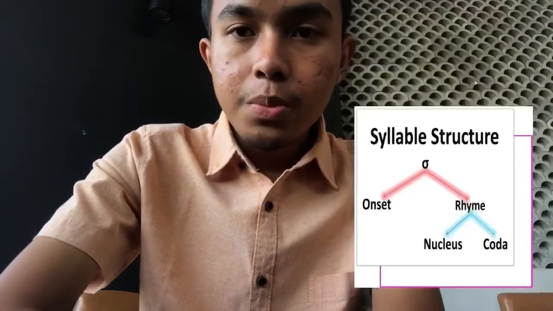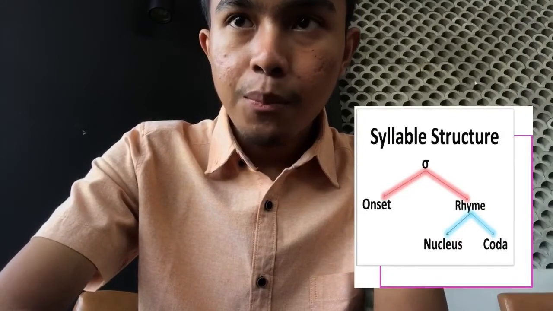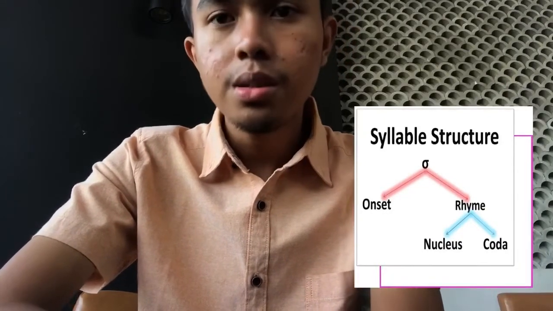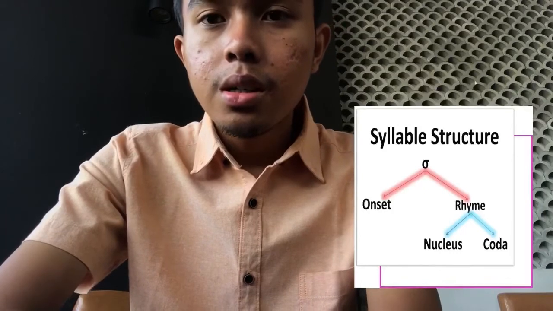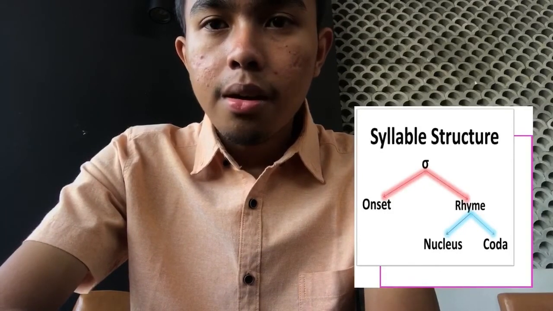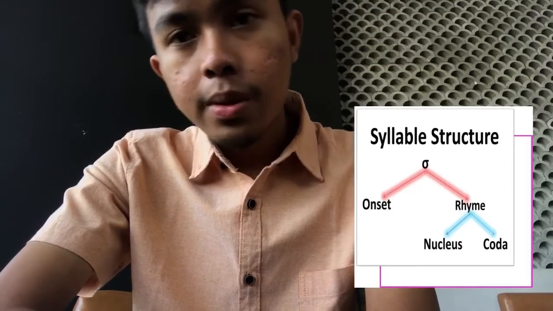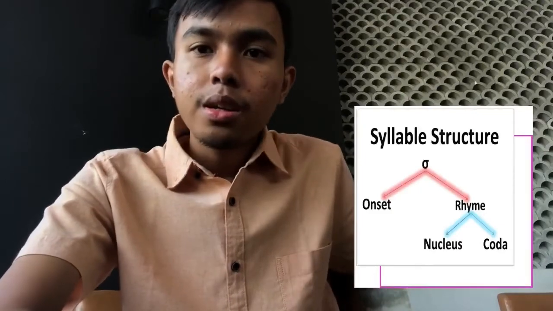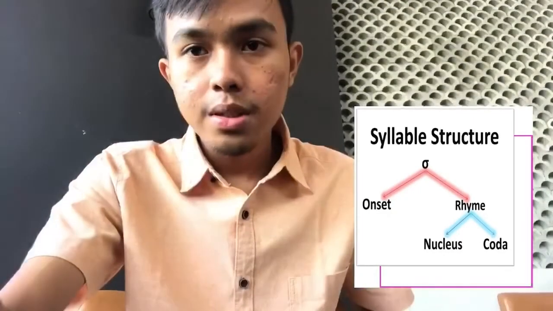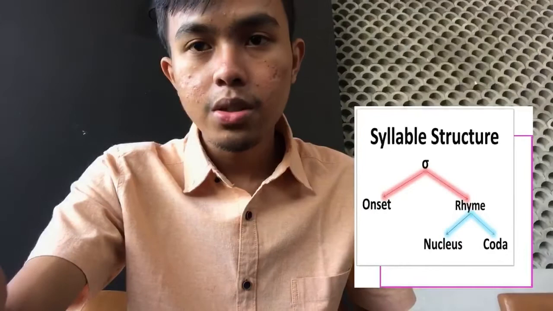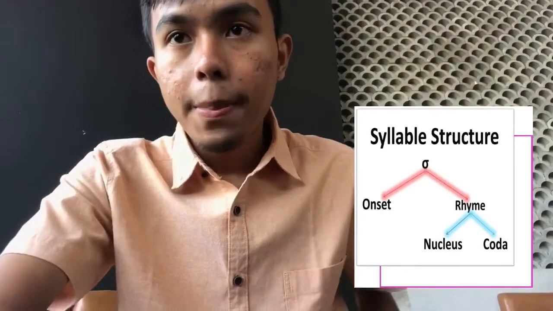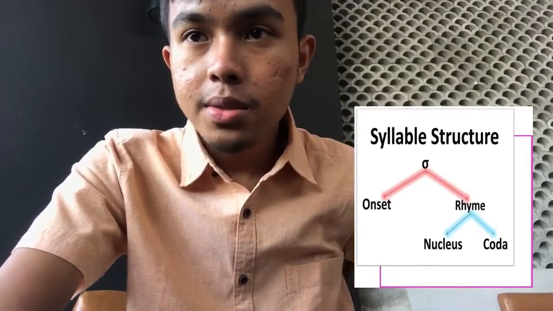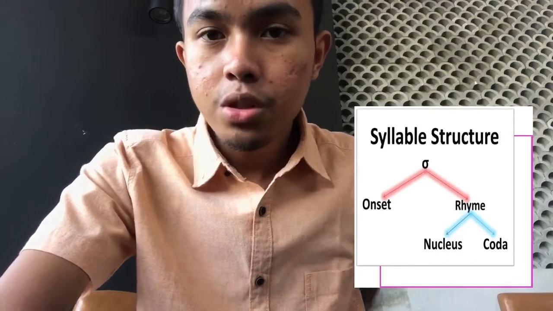So next in this part we are going to learn the syllable structure. After we learn the parts of a syllable, there are the structures of syllables actually, as you can see here. There are onset and rhyme, and rhyme has branches.